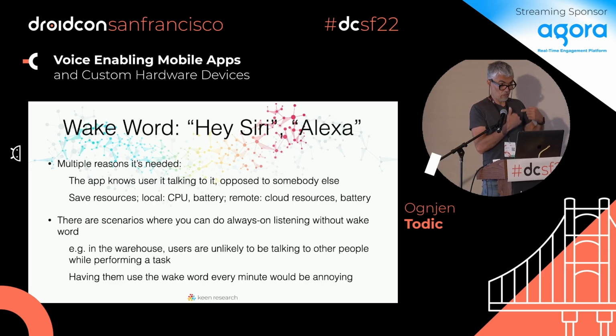One is, is it talking to me? If it's not talking to me, I don't want to get confused with what they're saying. And the other piece is if it's not talking to me, I don't need to actually use the resources. If they're locally running, then I don't need to use CPU, battery, etc. for speech recognition, NLU, and all of that.